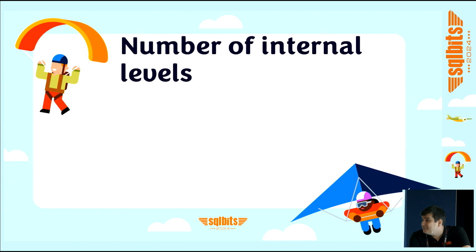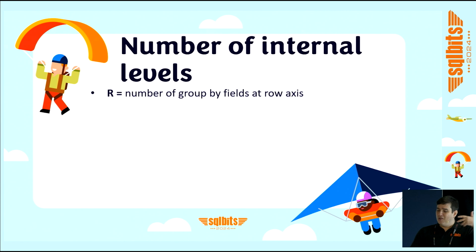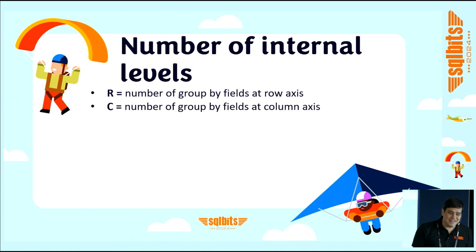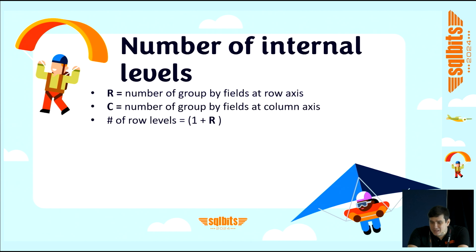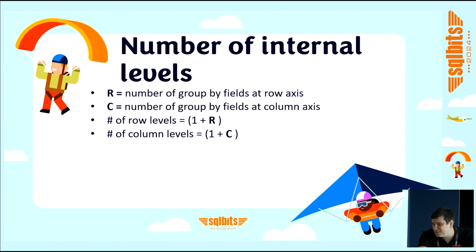There is a really important concept that I call the number of internal levels. I call R the number of rows that you added to the visual, and C the number of columns that you added to your visual. Therefore, the number of row levels is 1 plus the number of group by columns that I added. The number of column levels is 1 plus the number of columns that I added.